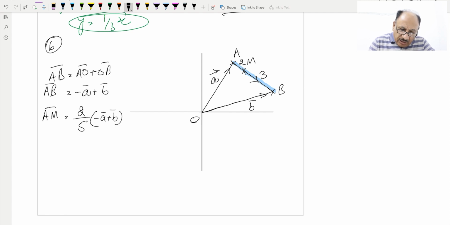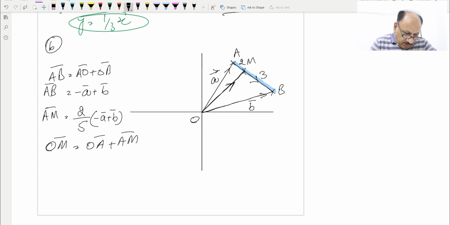And then OM we can find. OM, position vector, is required, like for example OM will be this one, so we require OM, so we can take root OM is equal to OA plus AM.